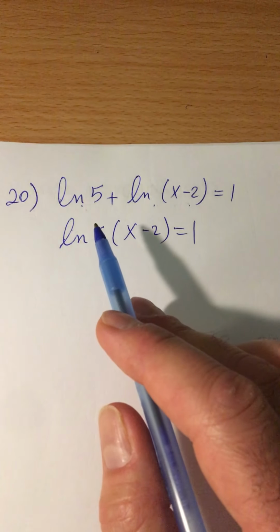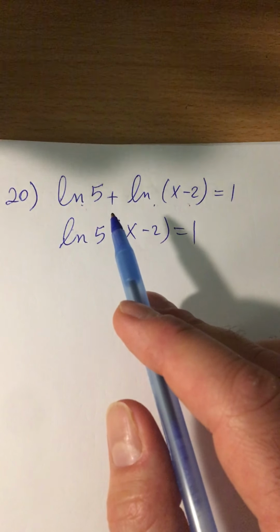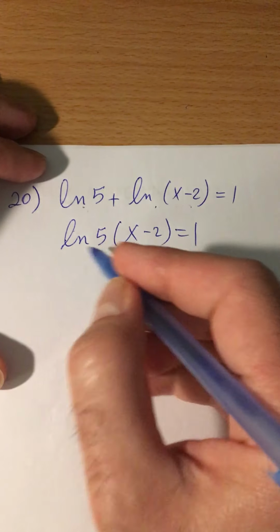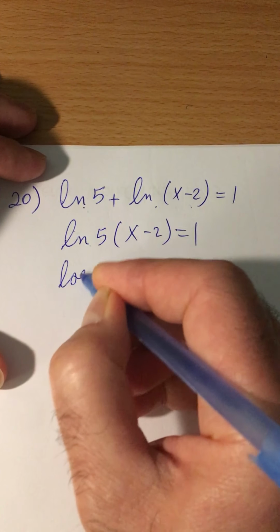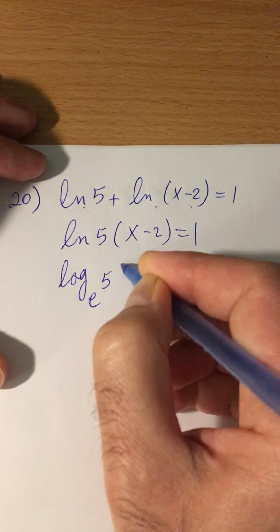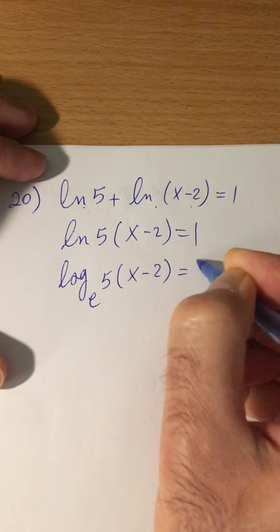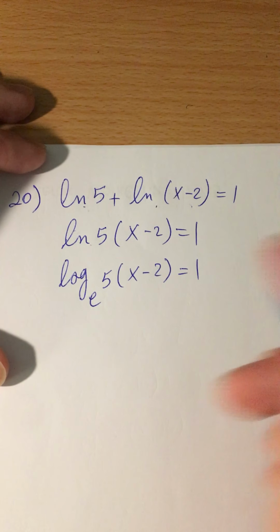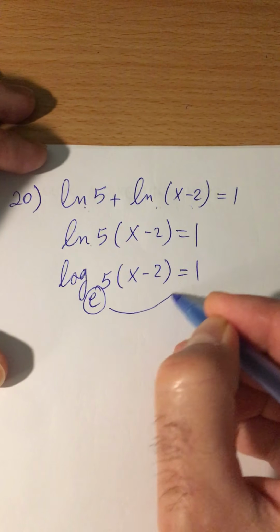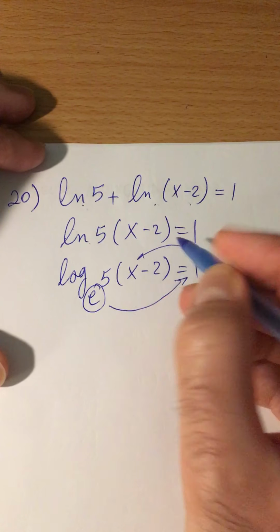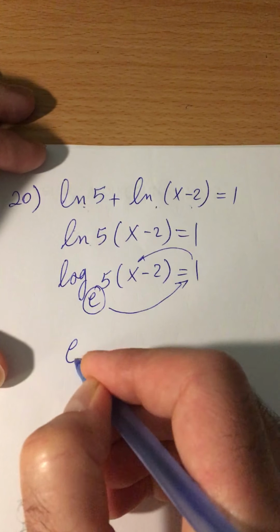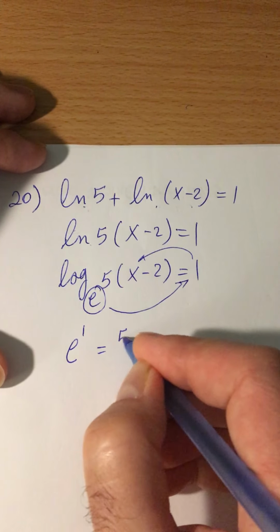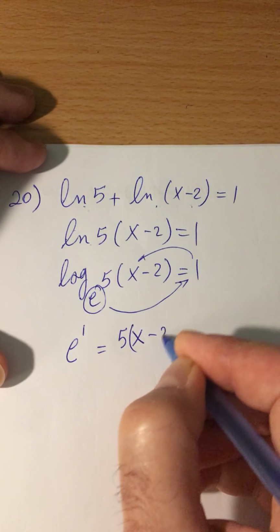Anytime you have a single logarithm and you want to get rid of it, put it in exponential form. So is this base e? Can I write it like this? You don't have to, but just for visual. So what's the base? e to the power of whatever is on the other side equals this. So I get e to the power of 1 equals 5 times x minus 2.